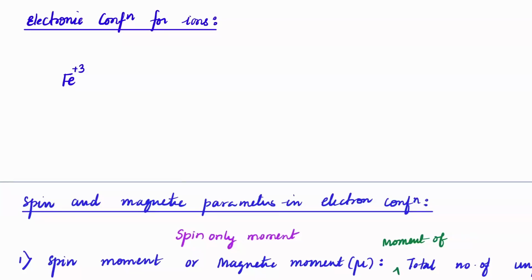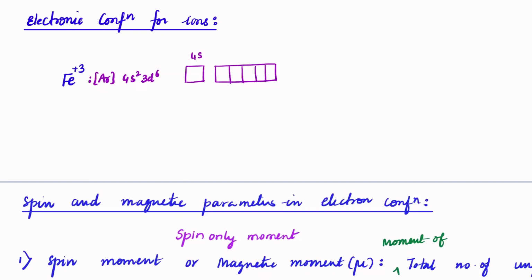Fe plus 3 has the electronic configuration like this: Argon 4s2, 3d6. Up to argon, we know that all the electrons have been completely filled, so I'm only writing the boxes for 4s and 3d. 4s is only a single box. 3d is 5 boxes because it has 5 orbitals.